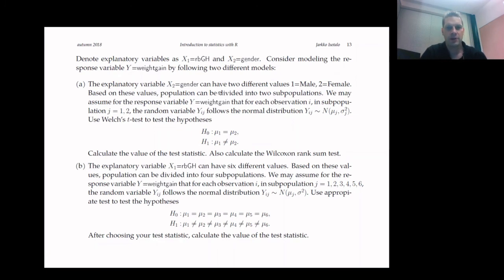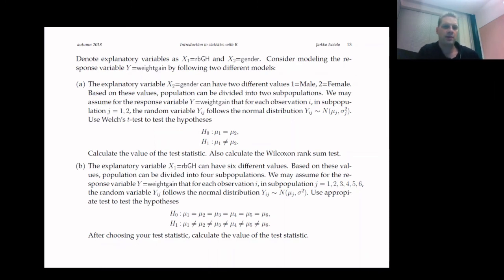We could first consider how the gender is affecting the values of y. In that case we would consider whether gender has an effect on the average level of y, so that we have two different populations, male and female, and based on this the population gets divided into two subpopulations.